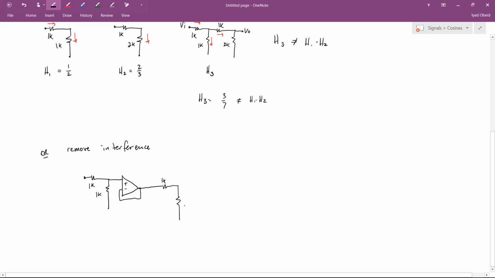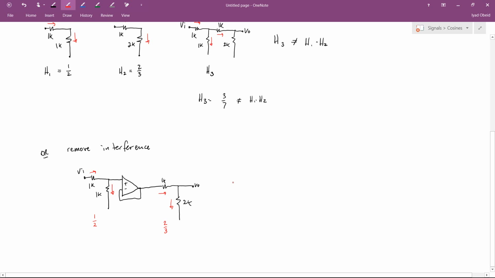That's 1K and that's 2K. When you do this, as you recall, no current can flow into an op-amp port, which means that all of the 1K current is still going to have to go down through that resistor. So that's still going to give me a gain of 1/2. None of that current is going to branch into the second half of the circuit. And likewise, all of that 1K current is going to go through the 2K, so that's still going to give me 2/3.